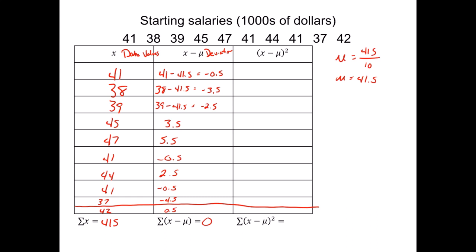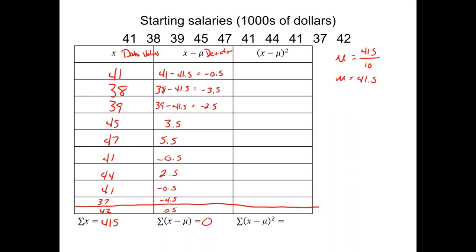But what do you think that 0 is telling us? Think about what those deviations are. It's not quite how many numbers we have below the mean and above the mean. It's really saying your data is spread out evenly on both sides of the mean. In other words, it's one way you can get an idea that your data might be symmetric.